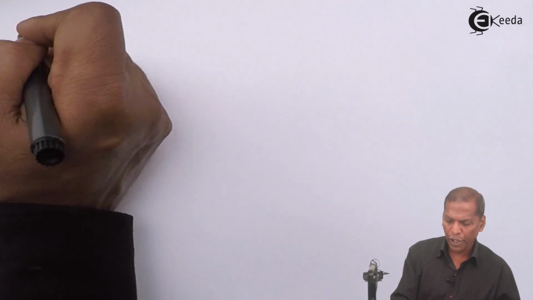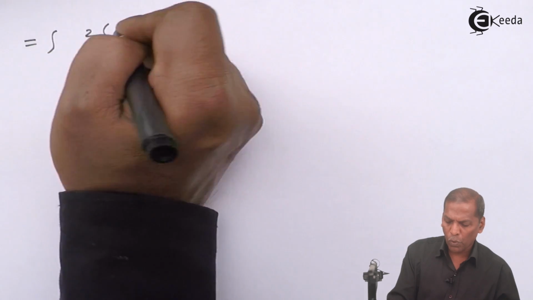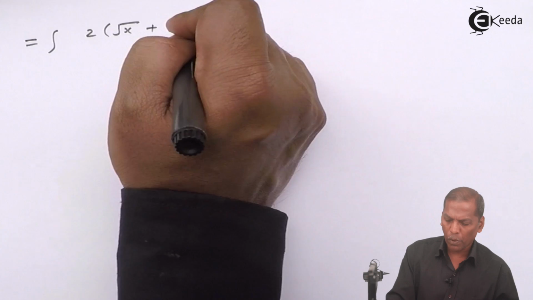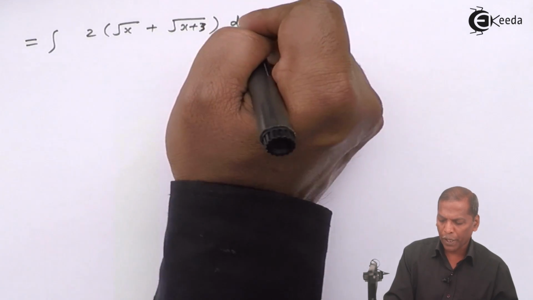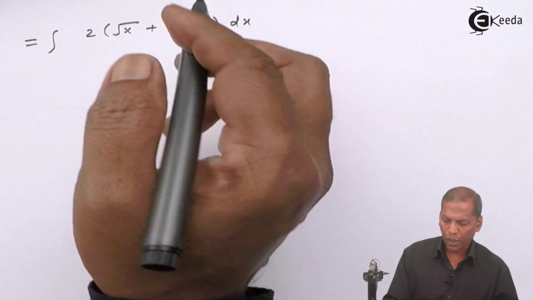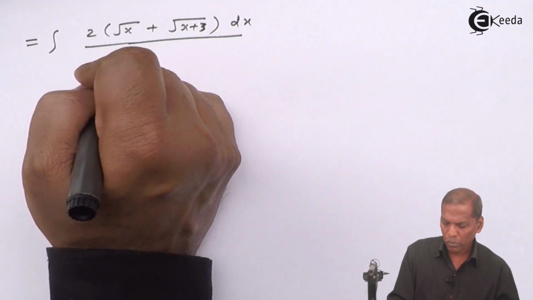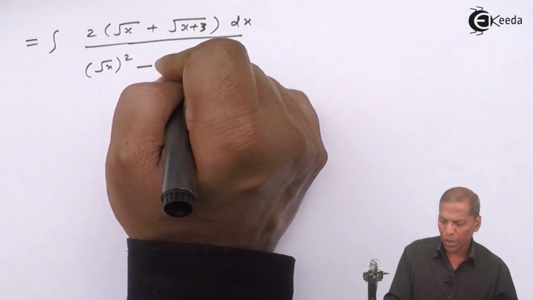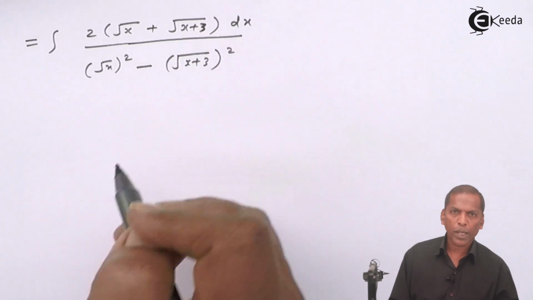So by using this formula we get integral 2 bracket root x plus root x plus 3 bracket complete into dx upon root x the whole square minus root x plus 3 the whole square.